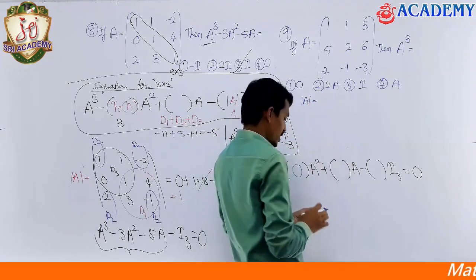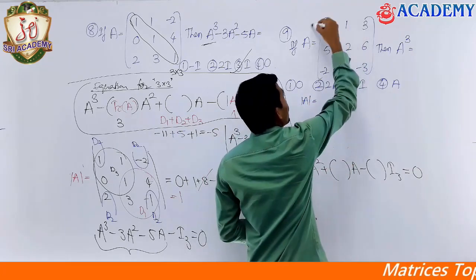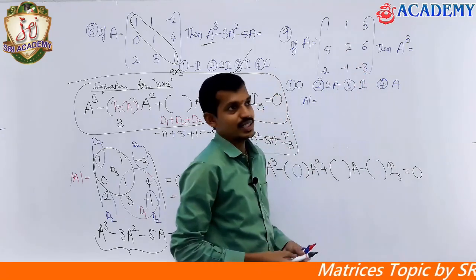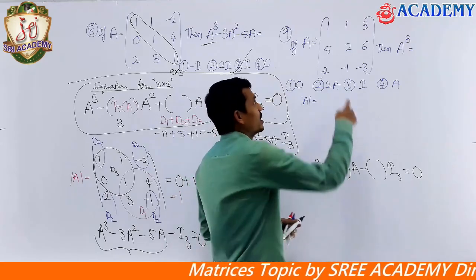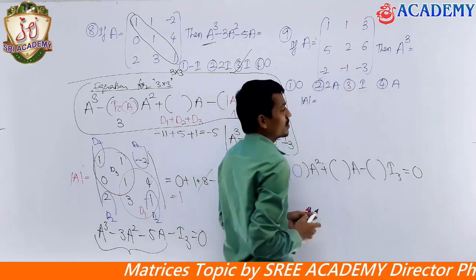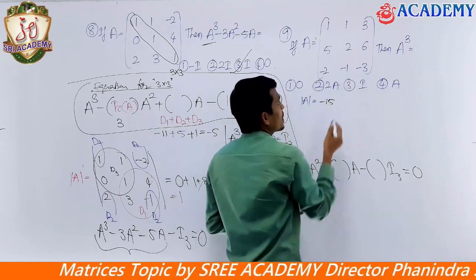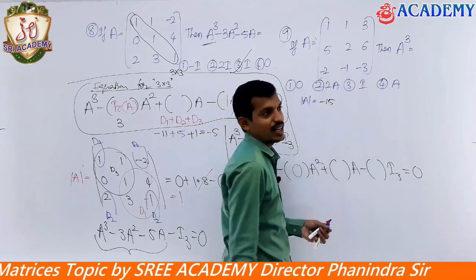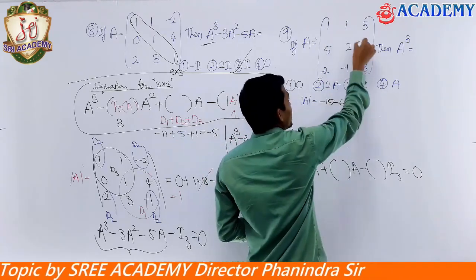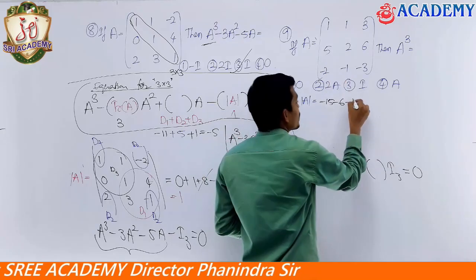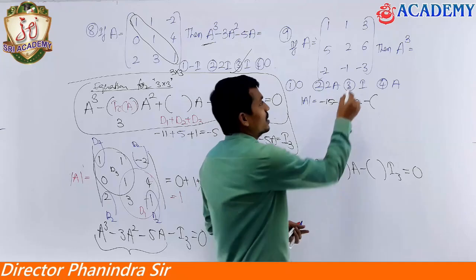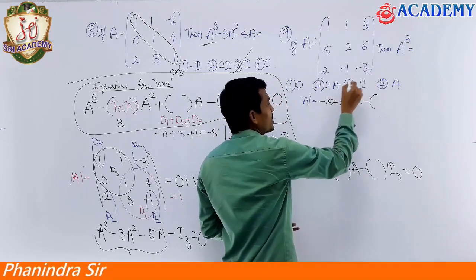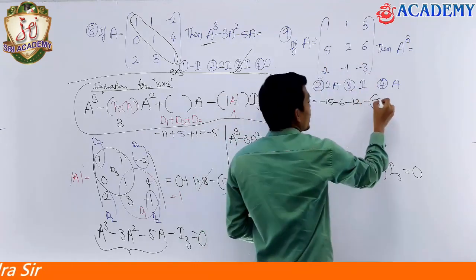Simply write that is 3 into 5 into minus 1, our shortcut. Simply you have to write first element, last element first. If you write here, you will get 3 into 5 into minus 1, minus 15. Next 1 into 2 into minus 3, minus 6. Next 1 into 6 into minus 2, minus 12. Next below, that is minus 3 into 5 into 1, minus 15.